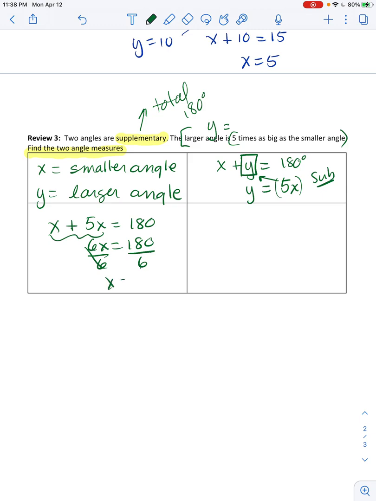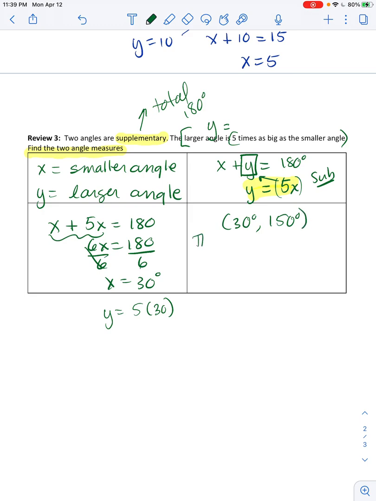Dividing by 6, x is 30 degrees. Well, how do I find y? It told me y is 5 times whatever you got for x. So that means that my y is 150 degrees.